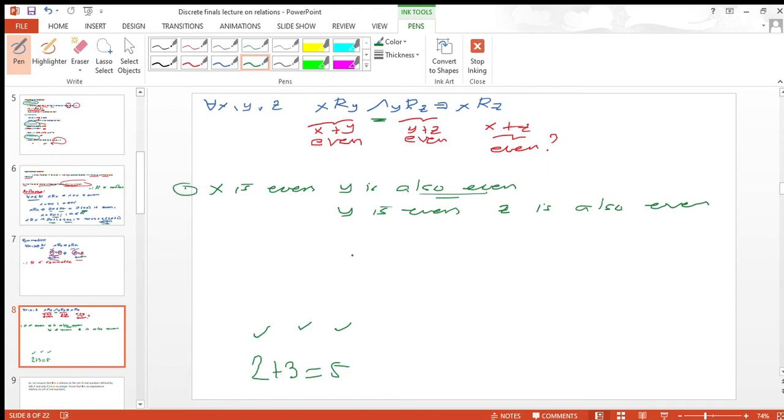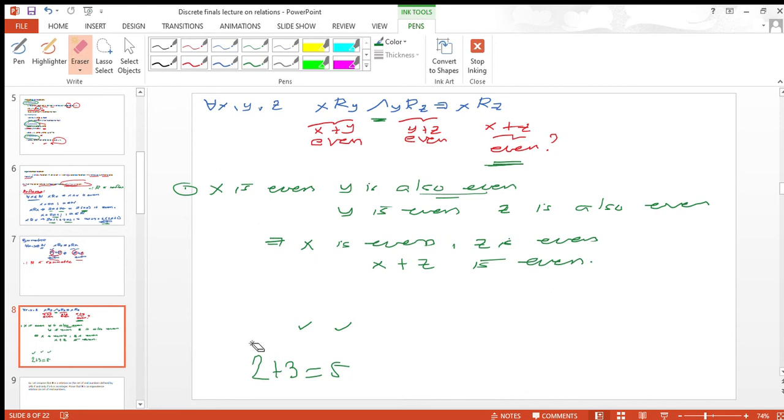It means for this one, x is even. So this implies that x is even and z is even. Therefore, x plus z is even. Okay? So na-satisfy natin dun sa una lang. Unang case pa lang yan.